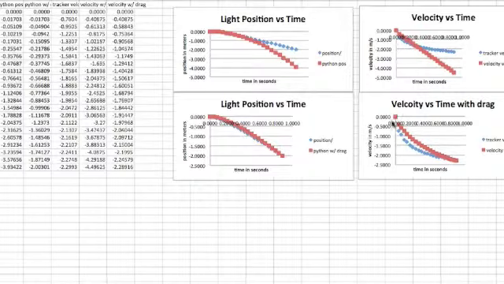With the velocity versus time with drag, the model matches more closely, but it still doesn't reach terminal velocity. It gets closer. It's only off by a couple of hundredths from terminal velocity. So with just a little bit more time, with the drag calculated, the light object would have reached terminal velocity.